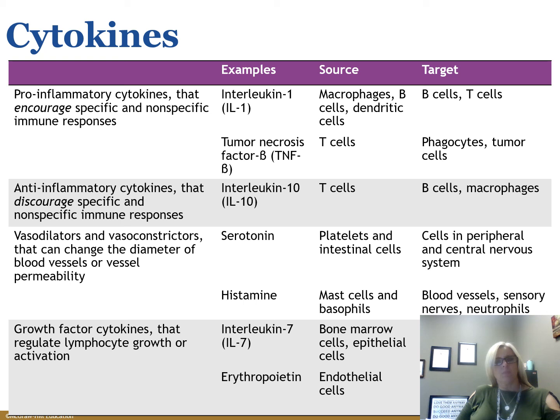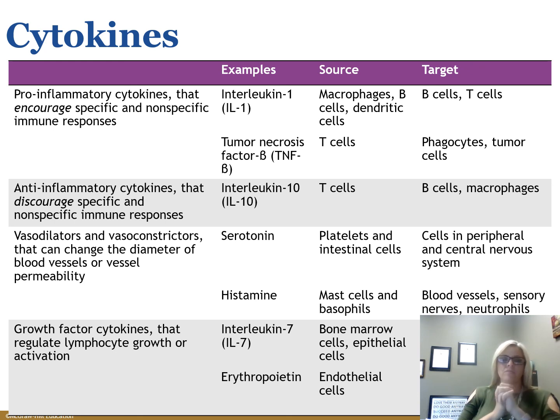Serotonin and histamine are important. These are vasoactive mediators, vasodilators, so increasing blood vessel size, or vasoconstrictors, decreasing the diameter of blood vessels and permeability. And so these guys are really important.